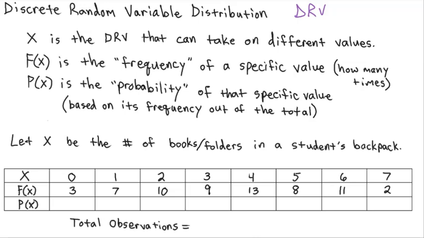So x is the discrete random variable that can take on different values, okay? And like we said in the previous example, it can be the number of people on an airplane, it can be the number of bedrooms in a house. In this example, we're saying let x be the number of books or folders in a student's backpack.